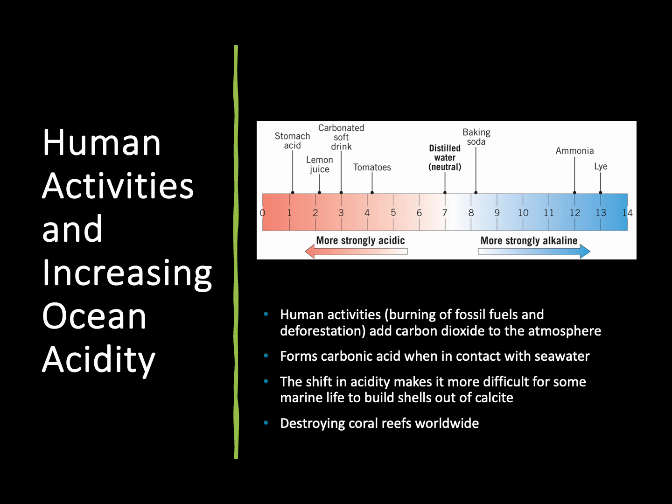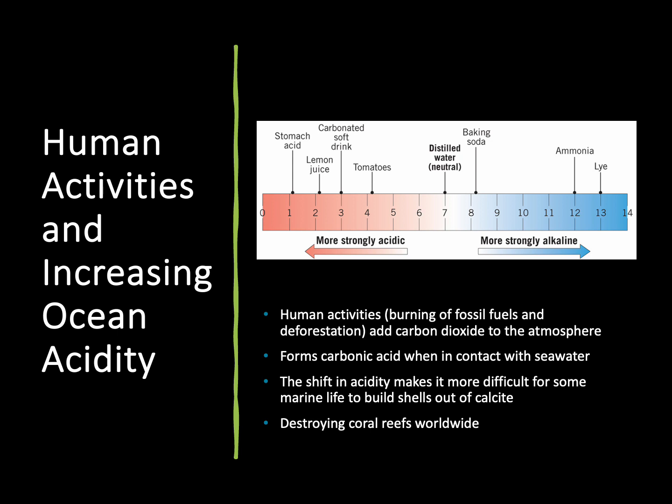But one of the issues when it comes to adding greenhouse gases to our atmosphere is that when those gases come in contact with our seawater, it forms something called carbonic acid. When we have more carbonic acid in our seawater, it's literally just an acid. It's going to start eating things away. It's going to make it very difficult for marine life to continue, especially shell-building animals, like corals and clams and oysters that build their shells out of calcite.